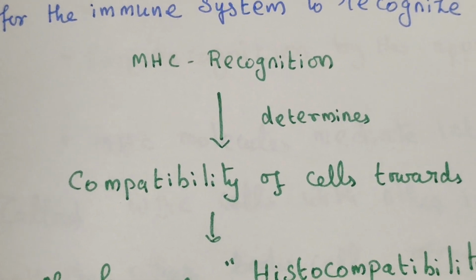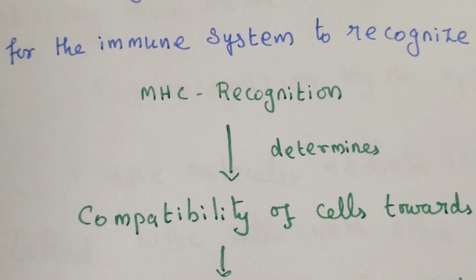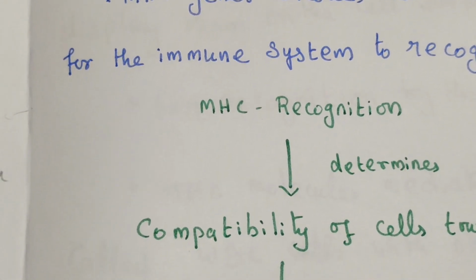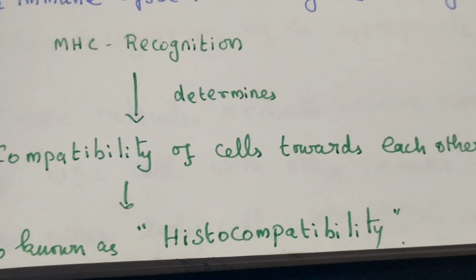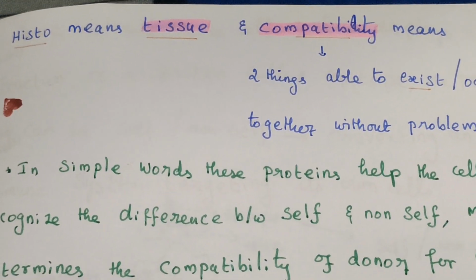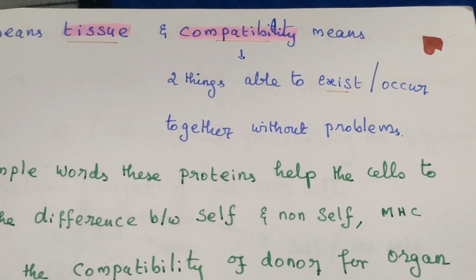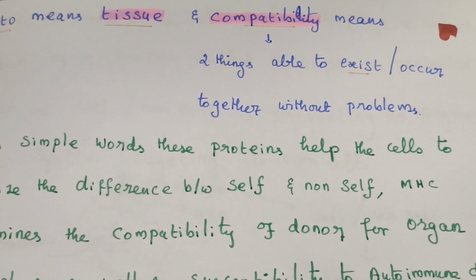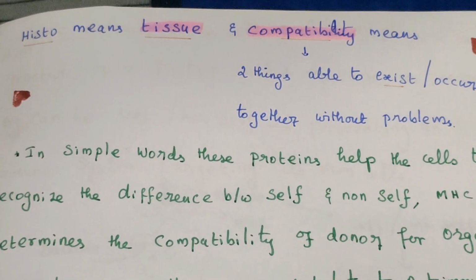This recognition determines the compatibility of cells towards each other. It is also known as histocompatibility. Histo means tissue. Compatibility means two things able to exist or occur together without a problem.